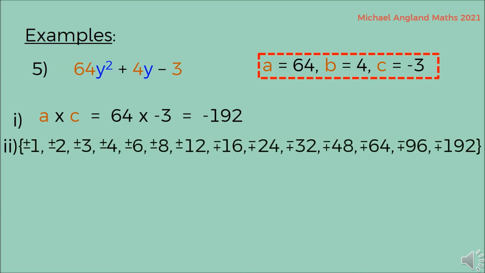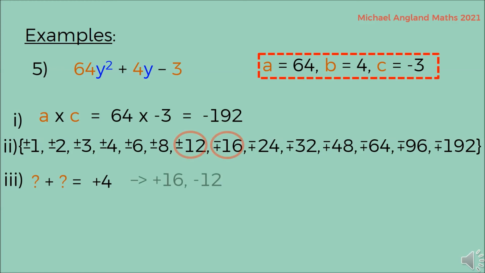So again, I'm going to notate, and as I get halfway through the factors, the signs are going to flip upside down. So I have plus 1 minus 192, plus 2 minus 96, plus 3 minus 64, plus 4 minus 48, plus 6 minus 32, plus 8 minus 24, plus 12 minus 16, and then we flip to the lower half of those values, minus 12 plus 16, etc. So step 3, what plus what yields the coefficient of the y, which is positive 4?